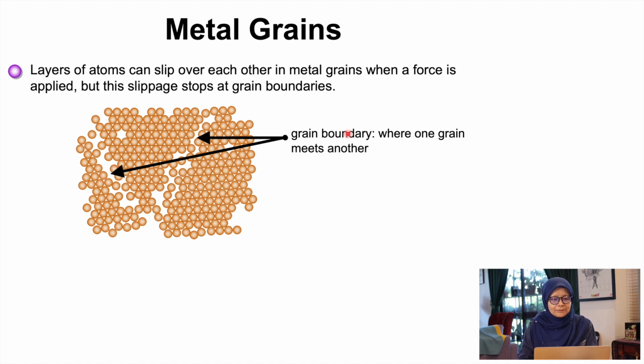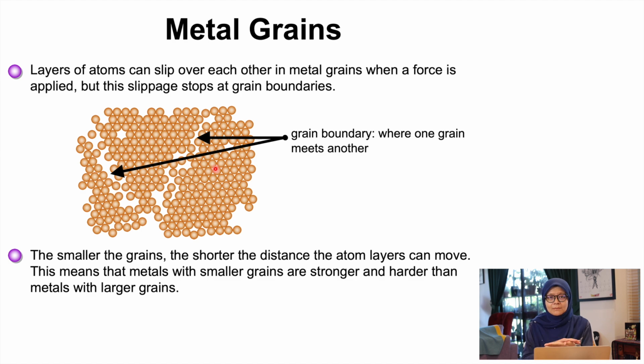When the atom layers move, and the metal has smaller grains, they usually move a shorter distance. This means that metals with smaller grains are usually stronger and harder than metals with larger grains.